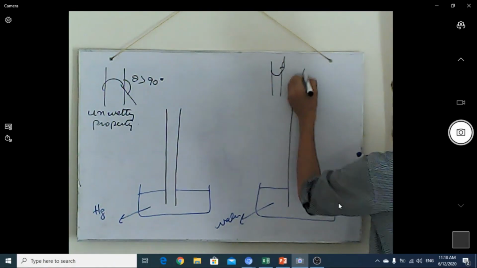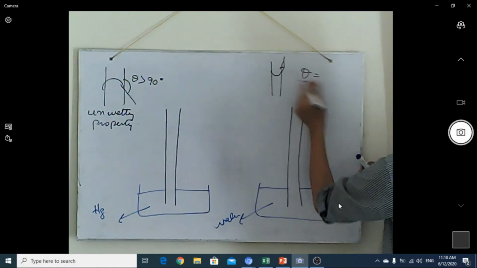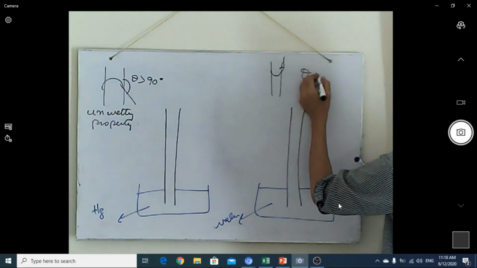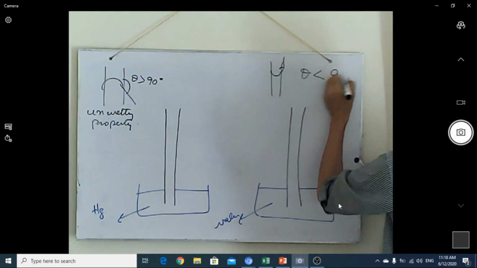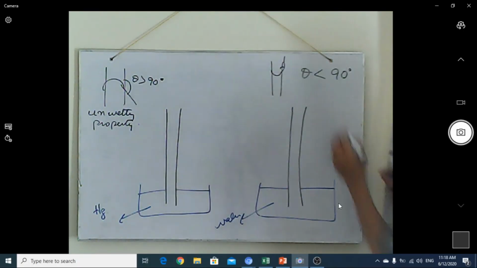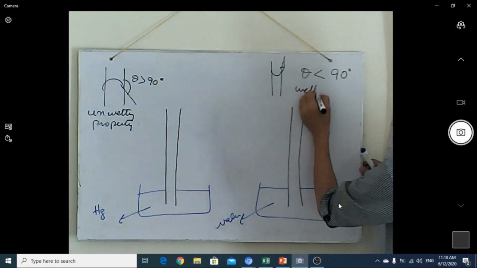So this contact angle will be less than 90 degrees, and it has a wetting property as well.